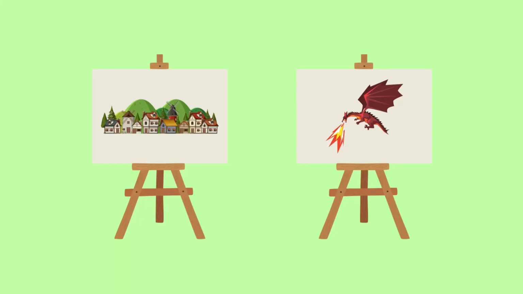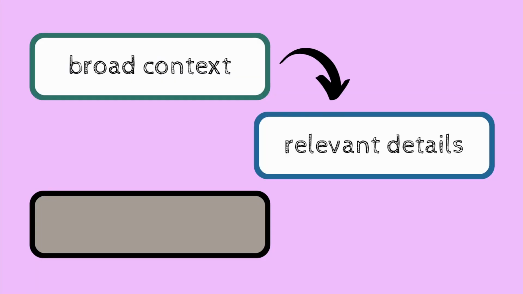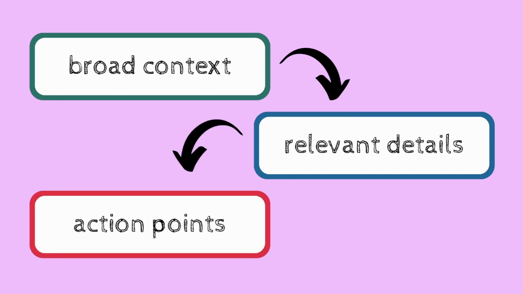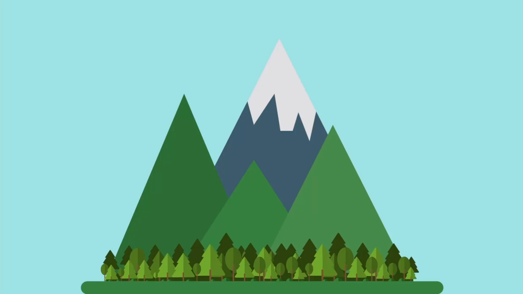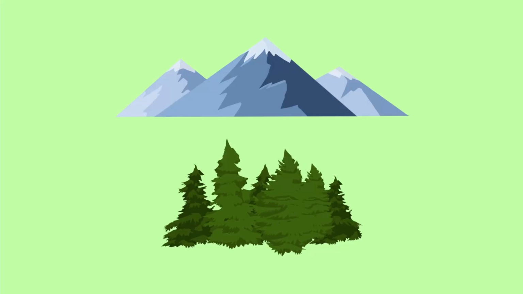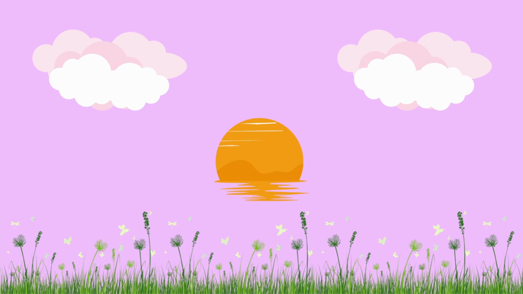No matter whether you're painting a bustling city or a menacing dragon, stick to this pattern. Broad context, relevant details, then specific action points. For example, imagine you're describing an environment. You might start with a wide shot to establish the backdrop and atmosphere, the setting, weather, and lighting.